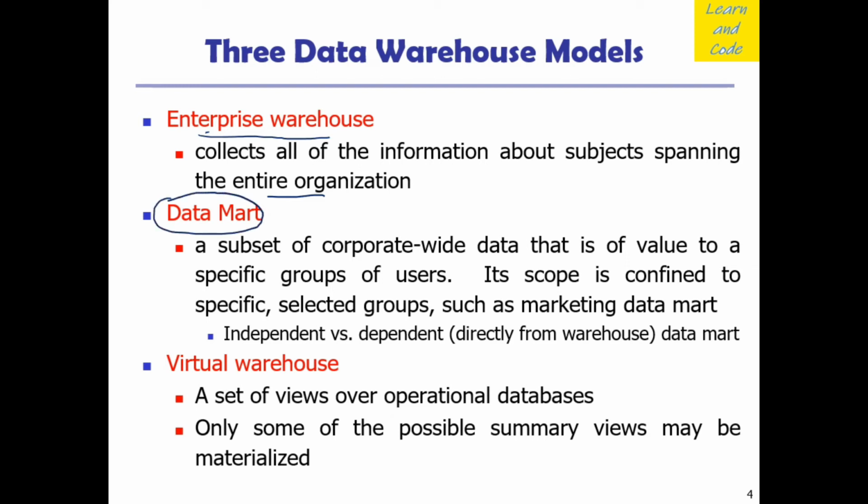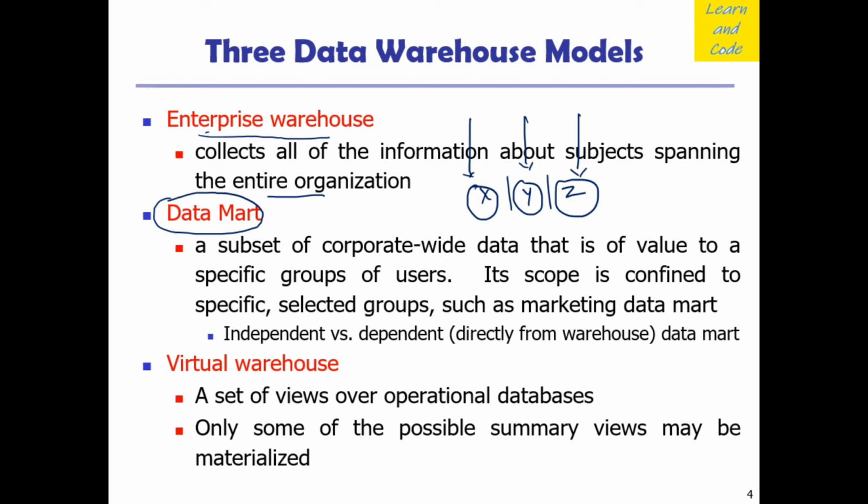Data marts, as we have already discussed, are a kind of subset of the whole data. Let's say X set of users are there, then another set of users is Y, another set is Z. We create a data mart for every specific group of users as per their requirements. X may need a different kind of data around a different subject, Y may need a different kind of data around a different subject, and so on.